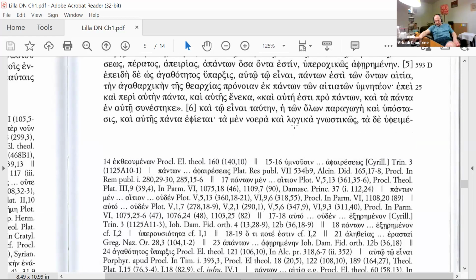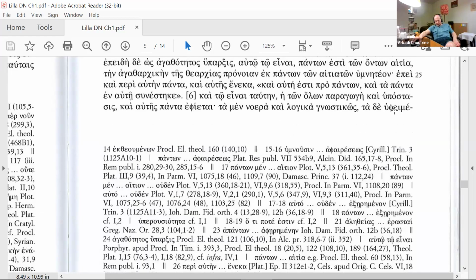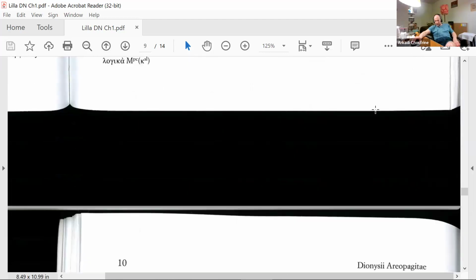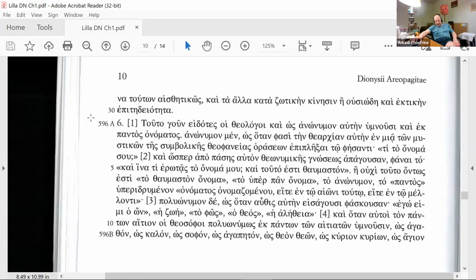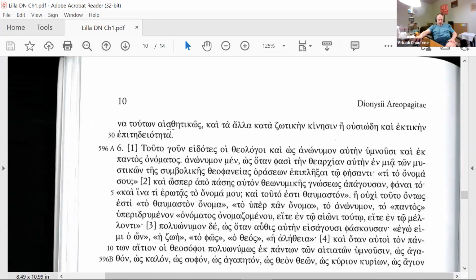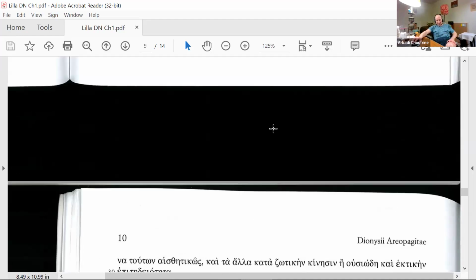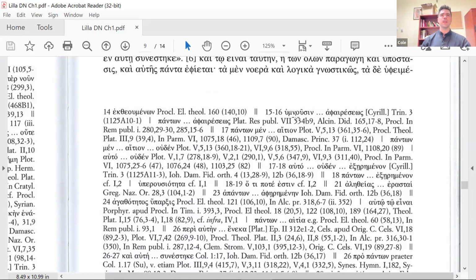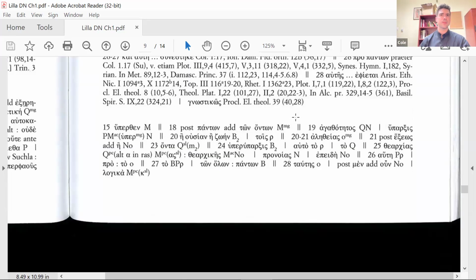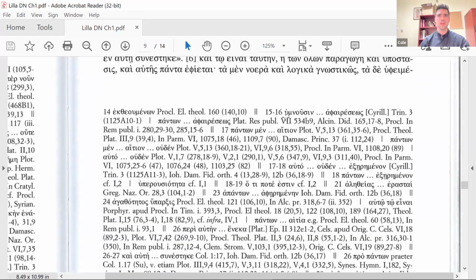So let's double check so we understand it. It's pretty clear, but what would this mean? What kind of beings are these? I think noera kai logika must refer to minds, so angels or human beings.